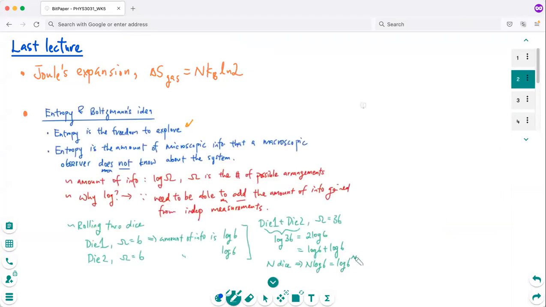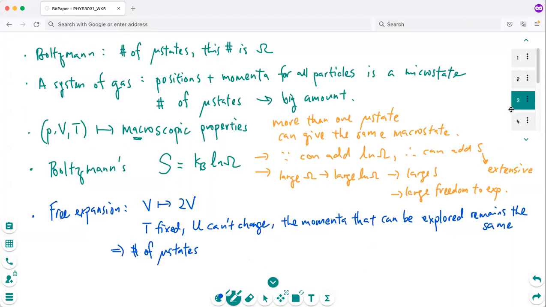Why do you have this n here? For one particle, the number of positions available to explore becomes a factor of 2 more, and now you have n particles, so this is 2 to the power of n. So the number of microstates is increased by 2 to the n.